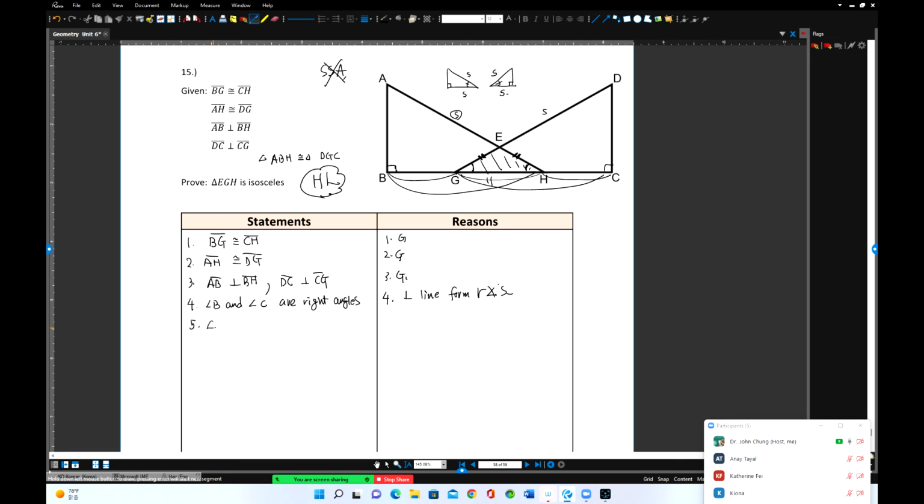So triangle ABH and triangle DCG are right triangles. The reason is what? Right triangles have a right angle.